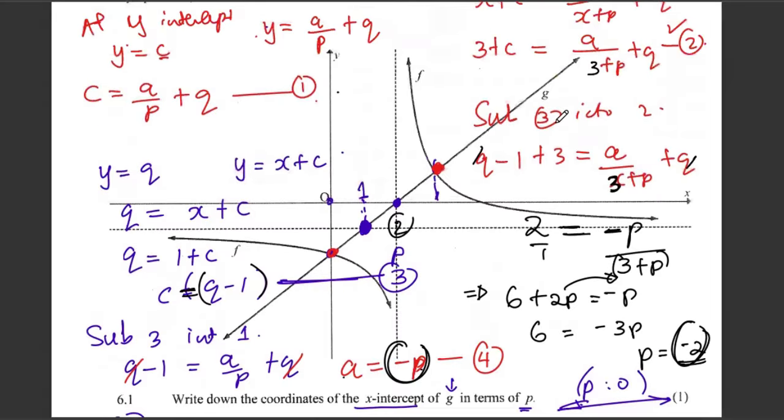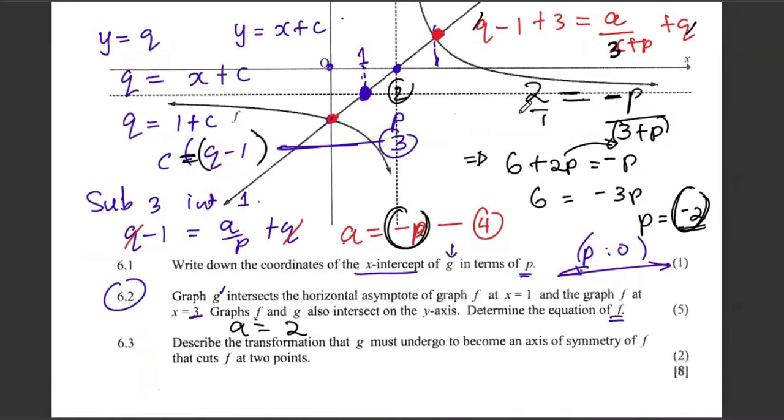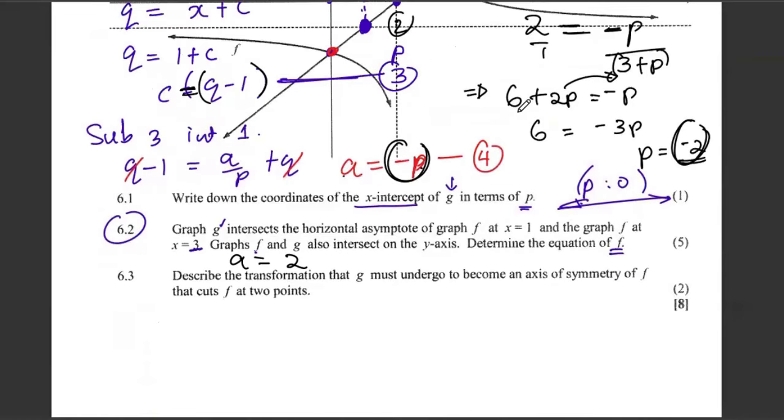Are we able to find the c? Which equation are we going to use to find the c value? So I think we can just do the substitution into the original equation and use it.